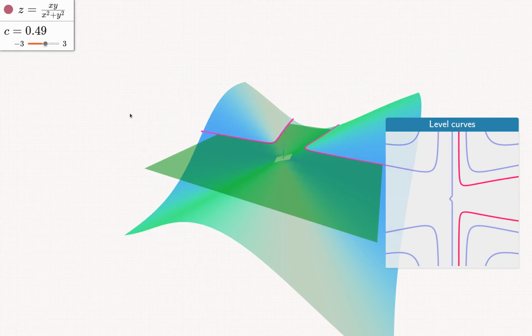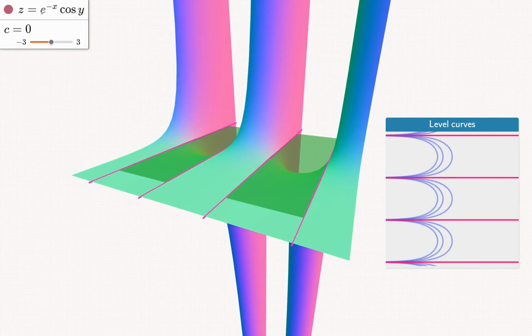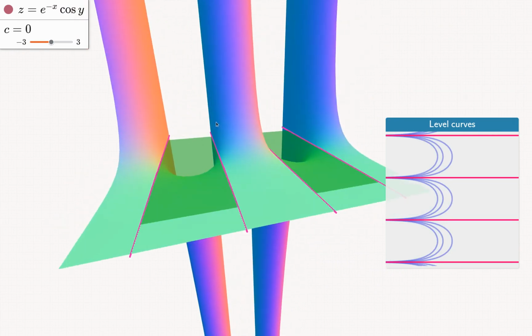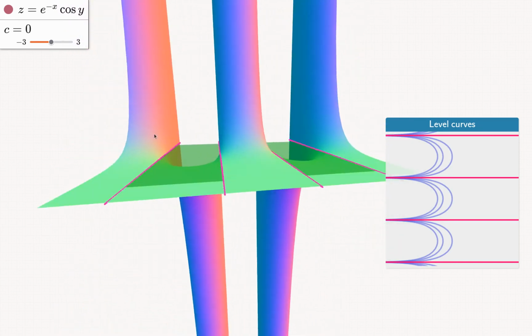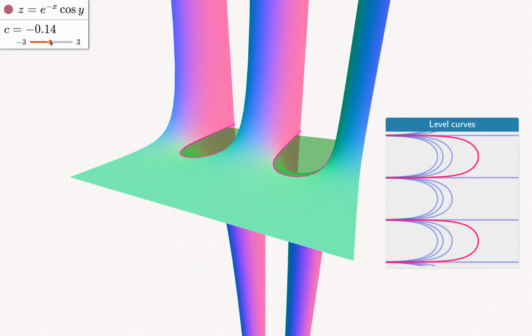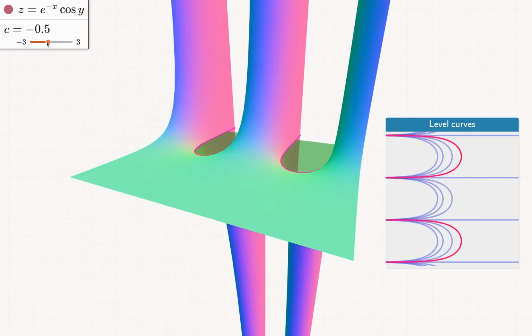Then here is a really wild function. So z is e to the negative x cosine y. So here's what that surface looks like. And here's what the different level curves look like.